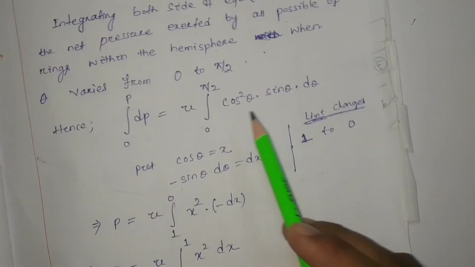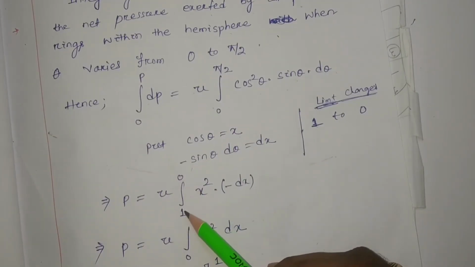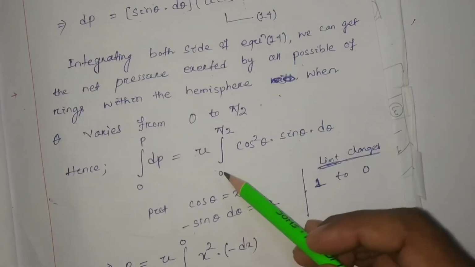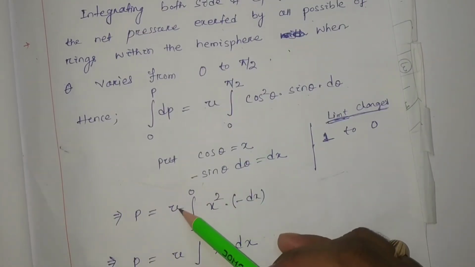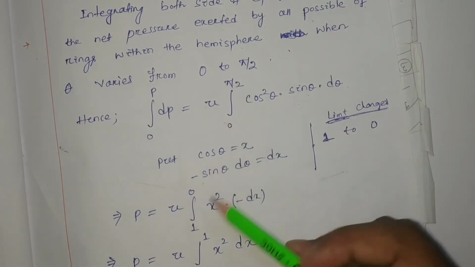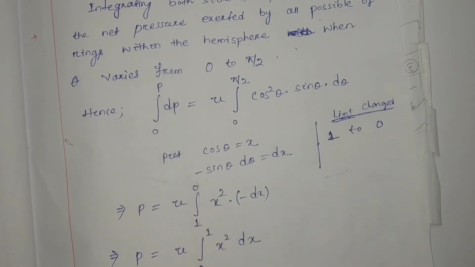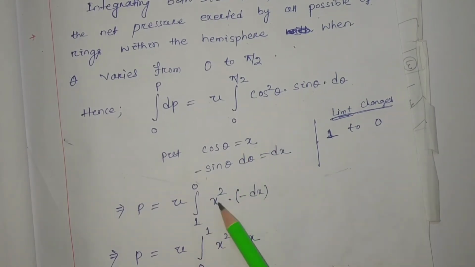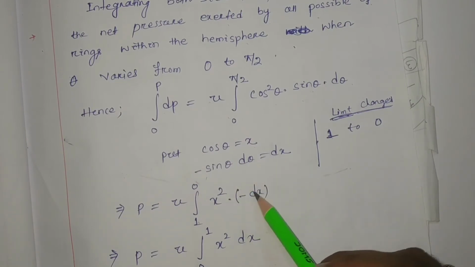So when transforming from theta to x, the limit changes from 0 to pi by 2 into 1 to 0, and cos square theta is x square. Here sin theta d theta will be minus dx.